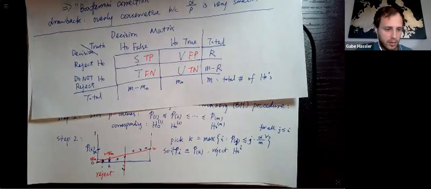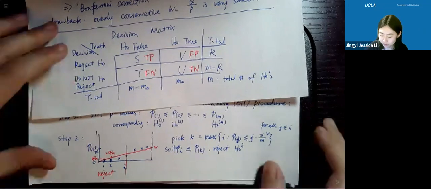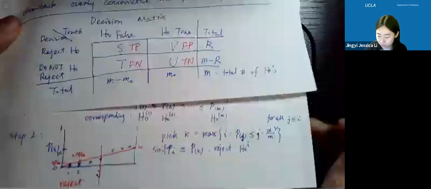Thank you. Okay. Let's first look at this intuitively to say why this is less conservative than the Bonferroni correction. We can compare the three procedures before we explain why the BH procedure works.